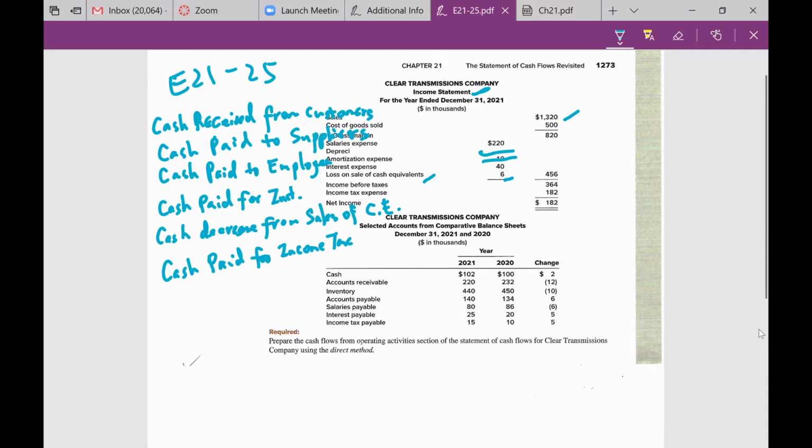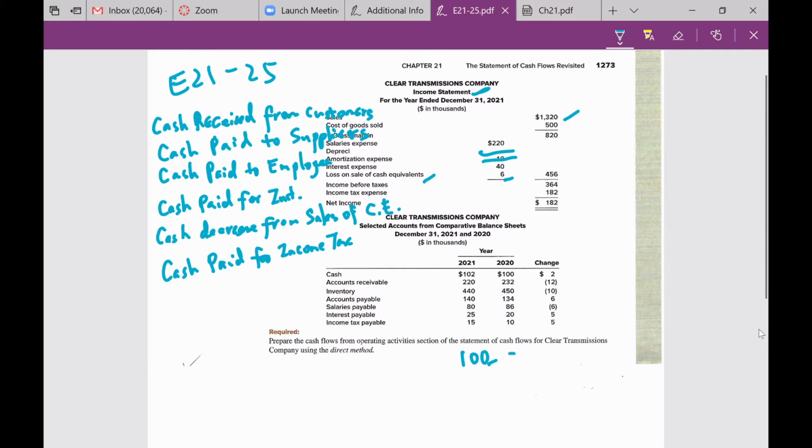If you want to write the journal, we don't have enough information, we don't know how much we initially invested. Let's say initially we invested $100,000 in the cash equivalent.